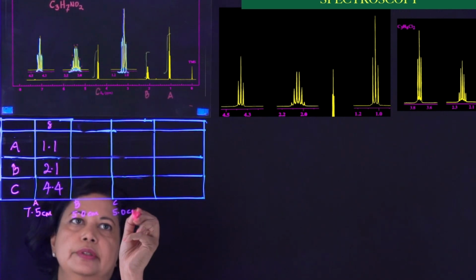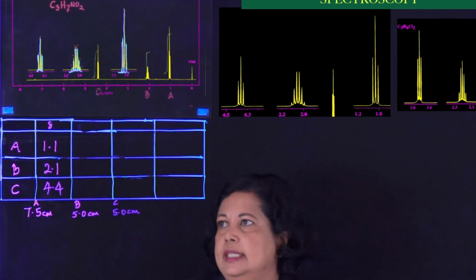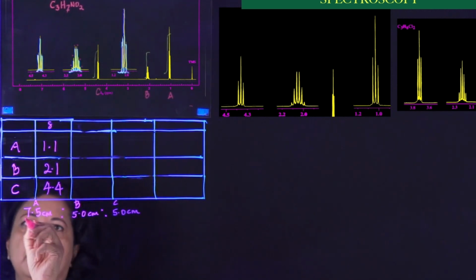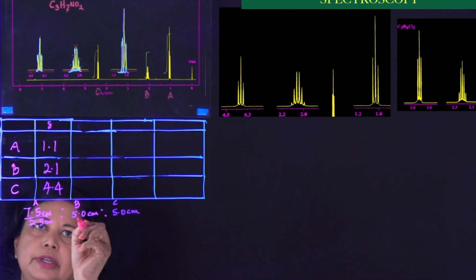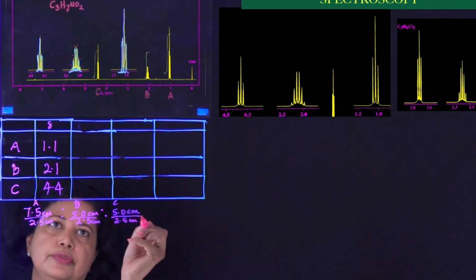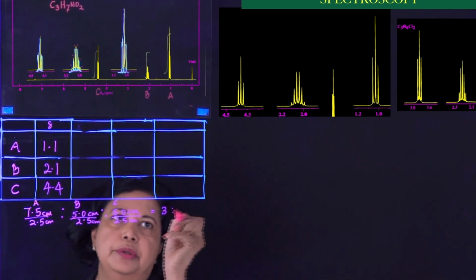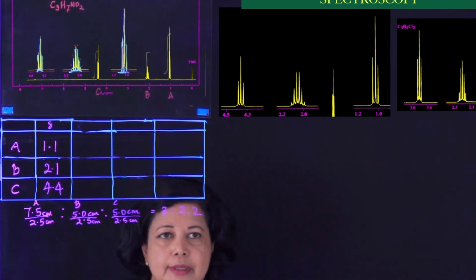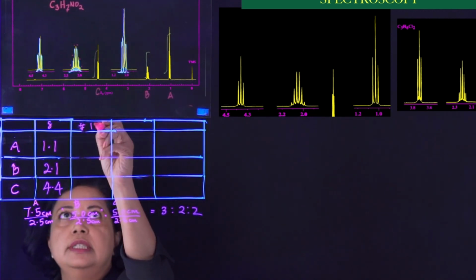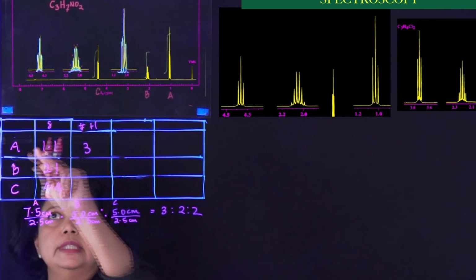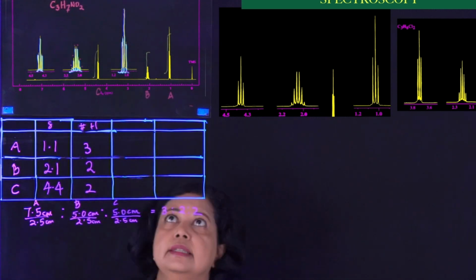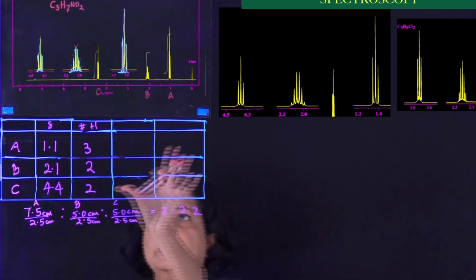So you have to divide by a common denominator, let's say 2.5, and that is going to give you a ratio of 3 to 2 to 2. So we have 3 hydrogens of the same type, 2 and 2. That's a very important piece of information.